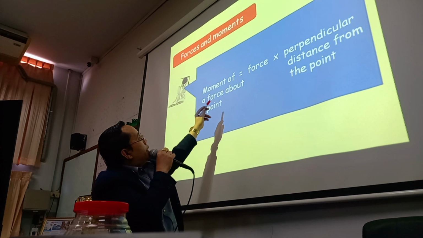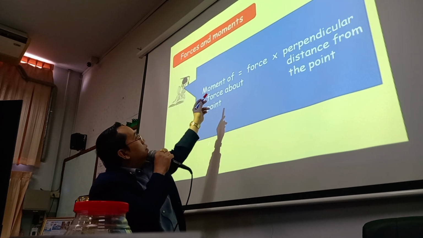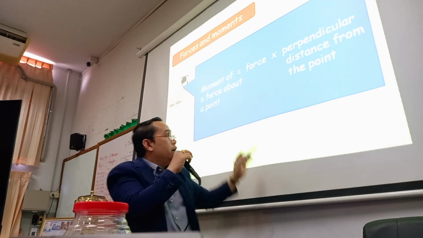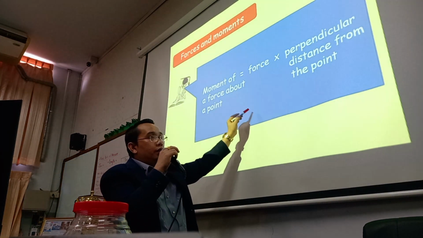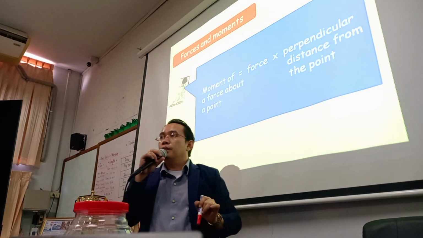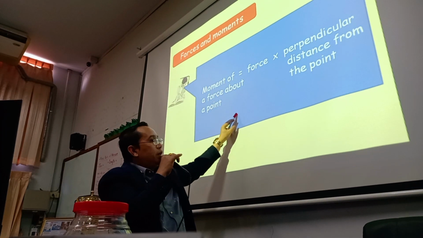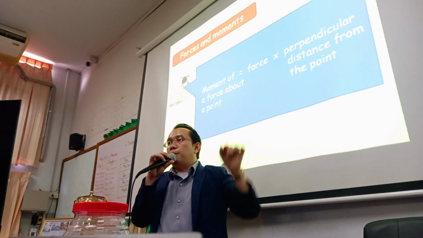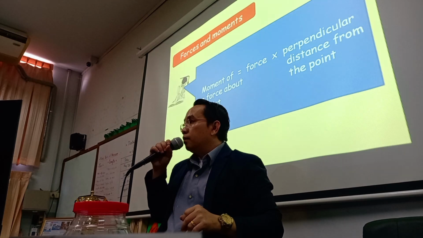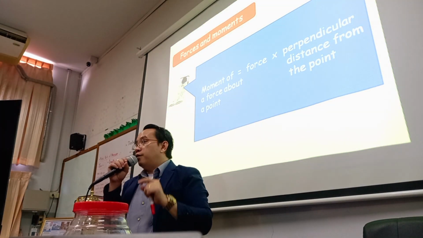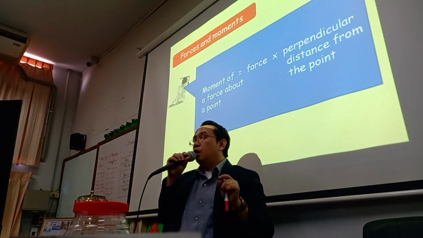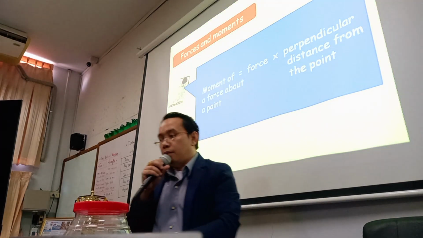So a moment of force about the point, MF equals F times D, because moment of force is directly proportional to the force and the distance. That is our formula. We use multiplication for this operation when solving problems.